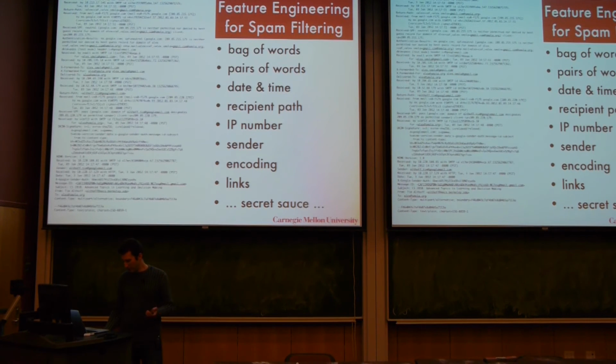So that gives you a bag of words, pairs of words, date and time, the entire recipient path, how it was sent, encoding, links are in there, and a lot of other things. Let me tell you one story about spam.